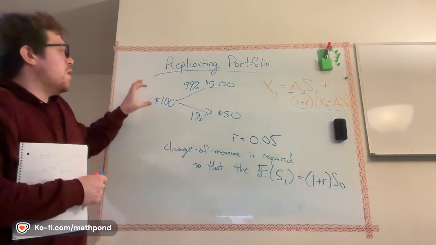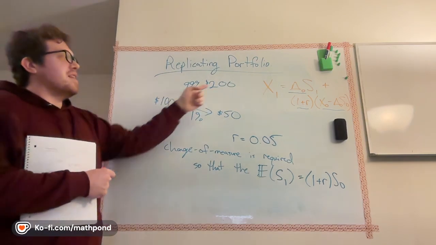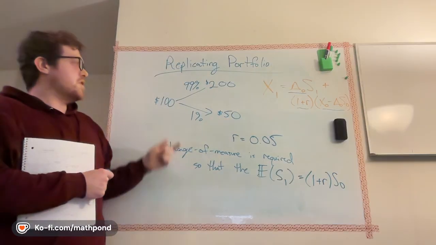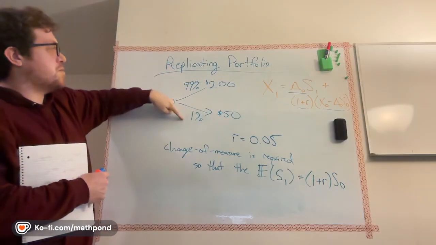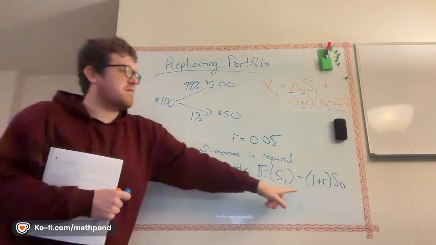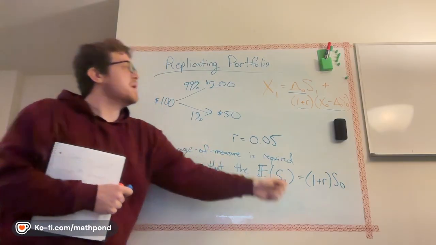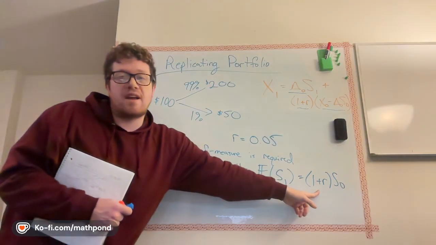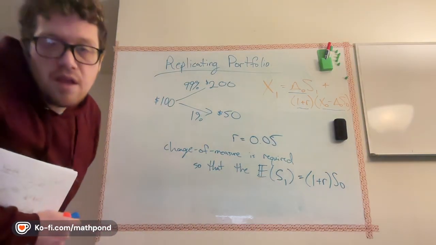So this company on average is going to make a lot more than the risk-free rate, but there's still some chance they don't. So the change of measure changes these probabilities. It readjusts the problem so that the expected value is just the risk-free rate, because when we construct this replicating portfolio, that's what we're going to make on average.